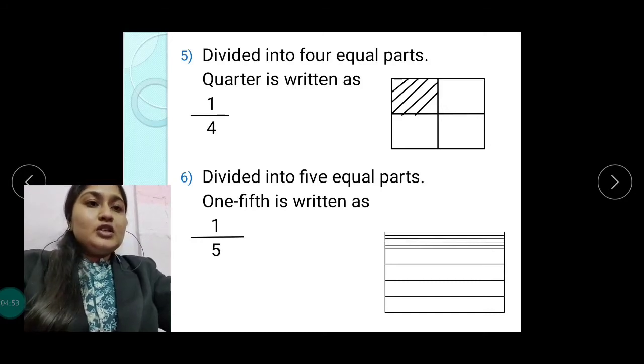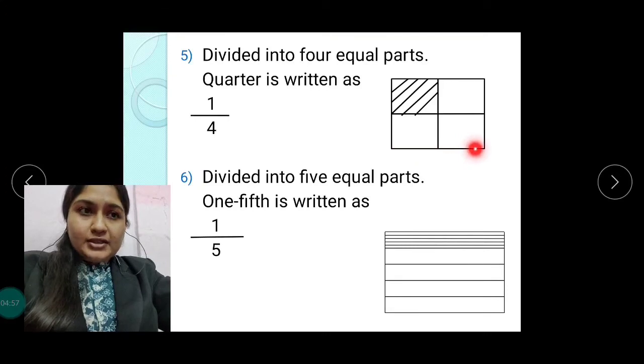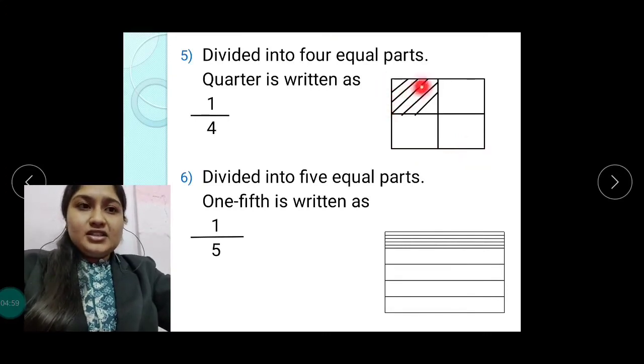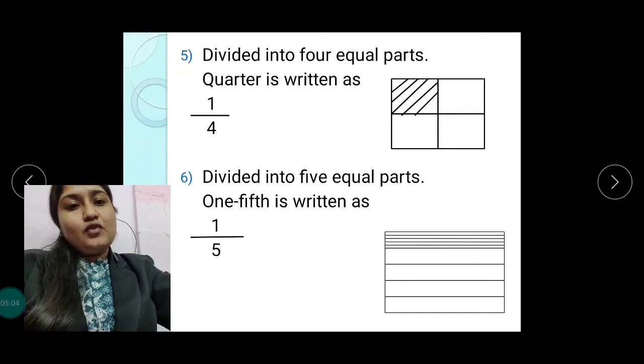So students, a square is given to you and this square is divided into four parts. One part is shaded. So in fraction, we will write this as 1 upon 4, or you can say quarter also. Right?